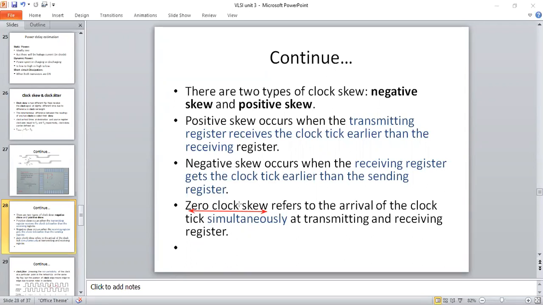That is, the two registers are receiving the signal at the same time, and it is called the ideal condition. But ideally, no chip is designed that way, so practically there is some clock skew compared to the ideal.